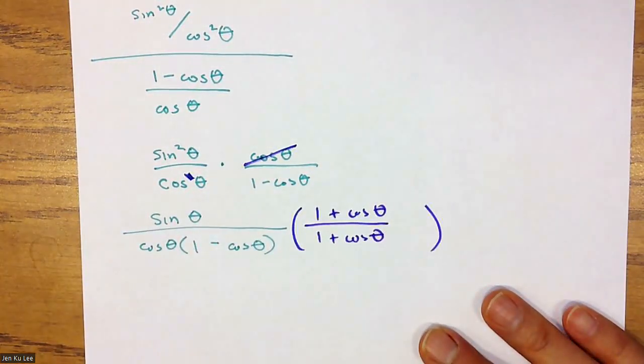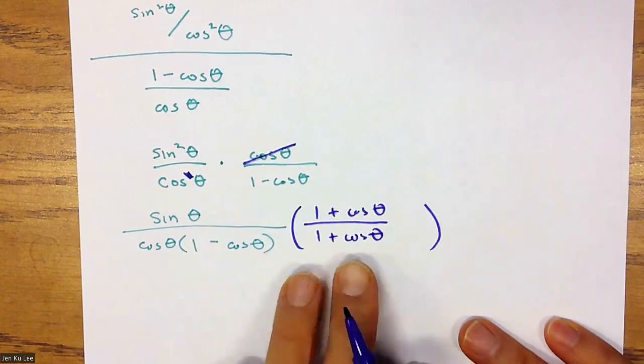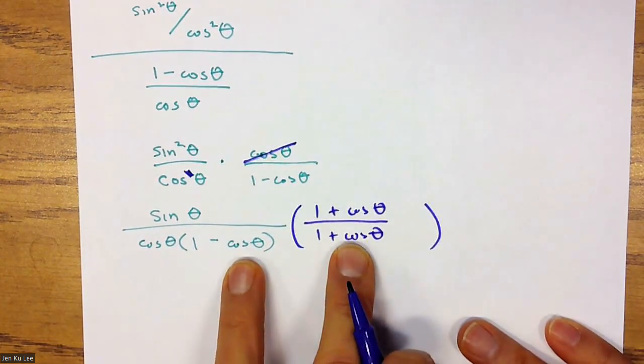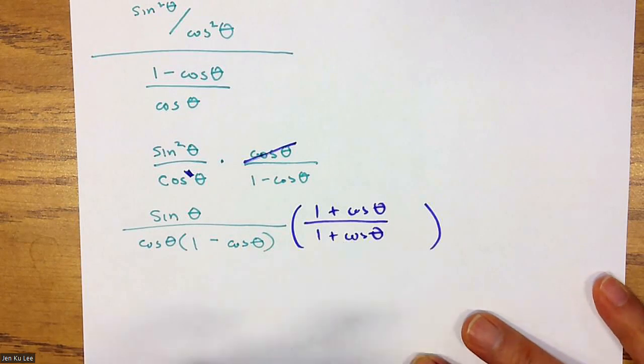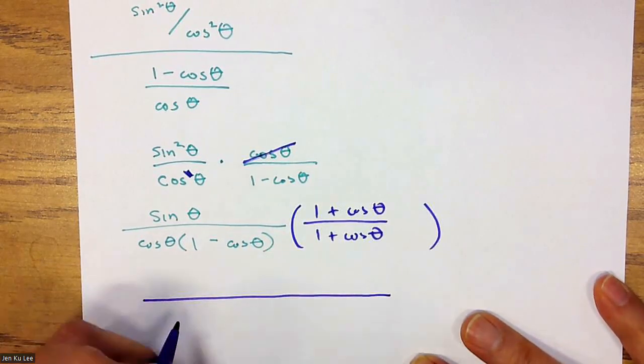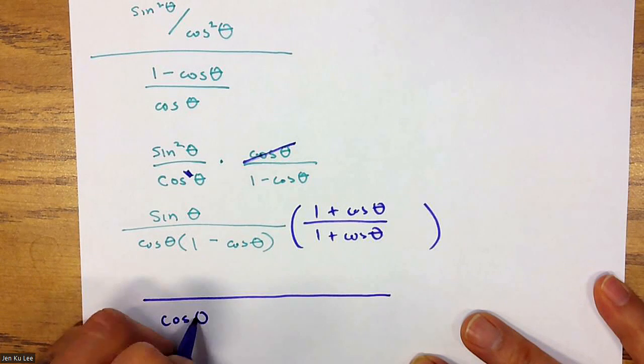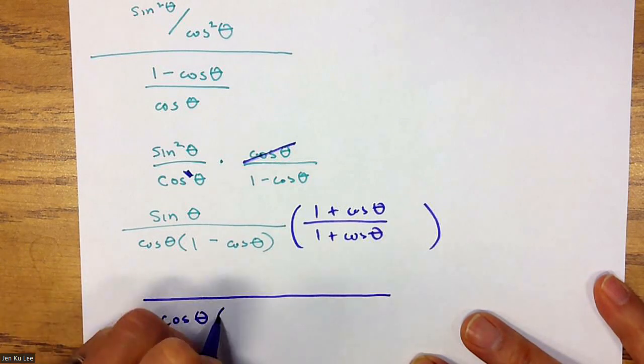Right? But that in turn gave me a difference of squares right here. So that's cool. I don't know if any of this is cool, but it's cool to me.